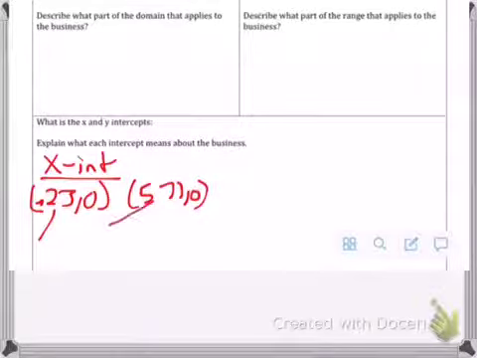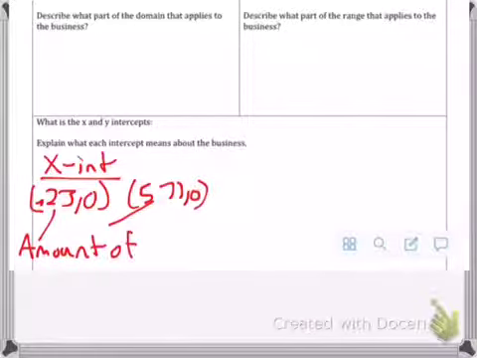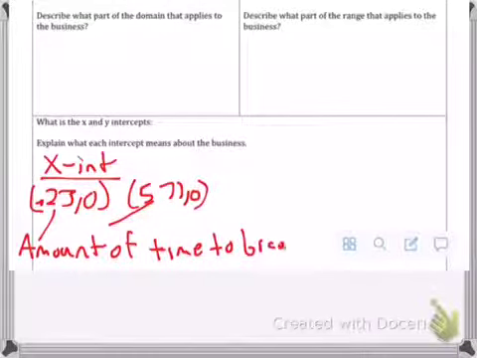And both of these show the amount of time to break even.